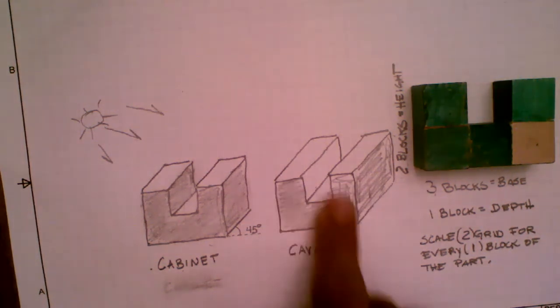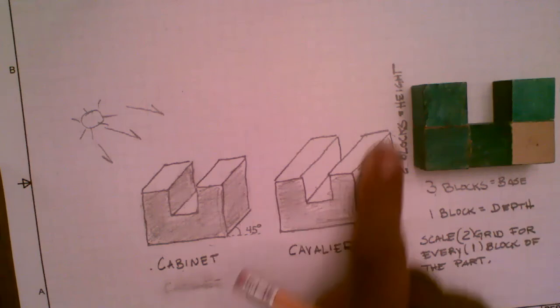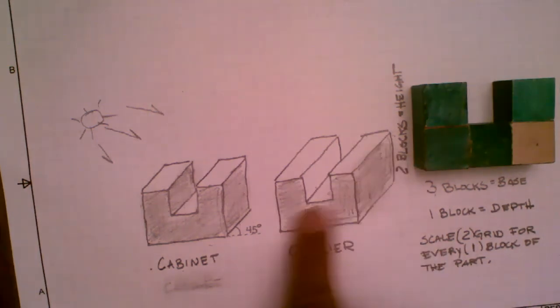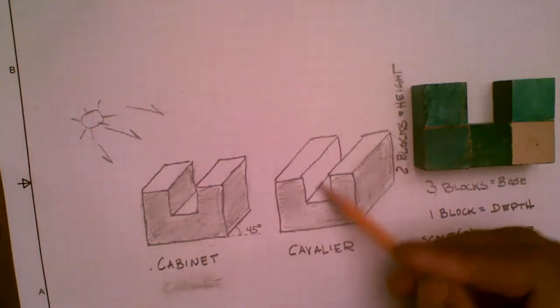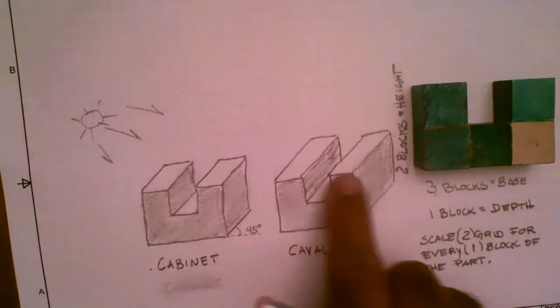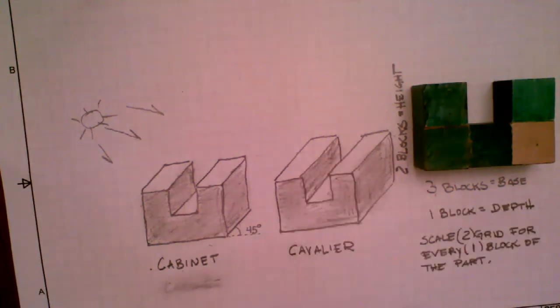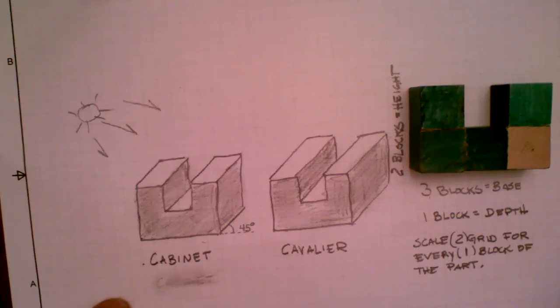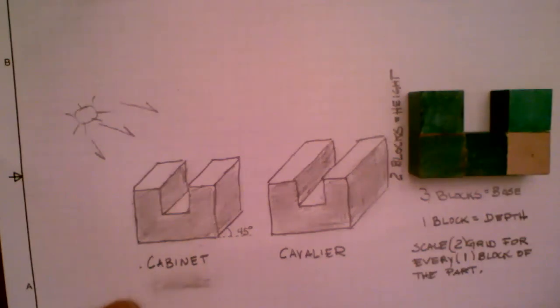Let's rub that in a little bit and blend that out. And that is the process for creating an oblique cabinet and oblique cavalier pictorials.